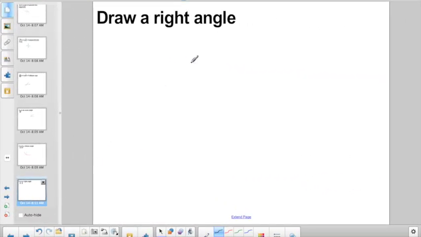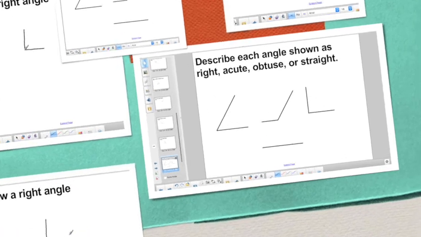Draw a right angle. That one means I am drawing it 90 degrees. So to the best of your abilities, which is kind of tough to do on a laptop, make sure you get one going straight up vertically and straight across horizontally to represent a right angle.